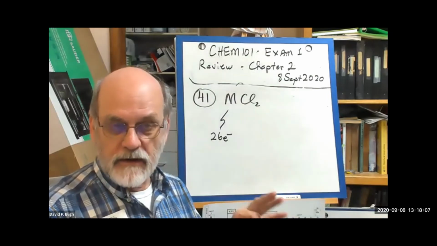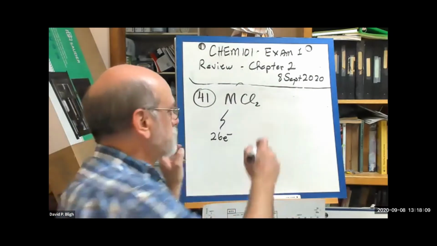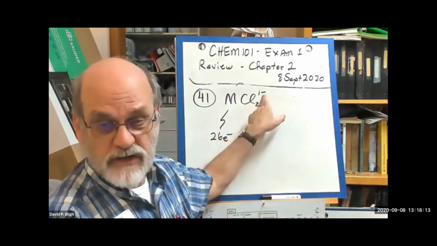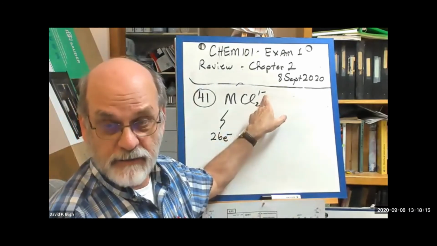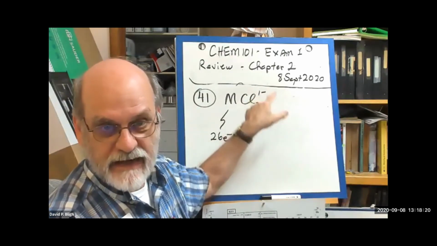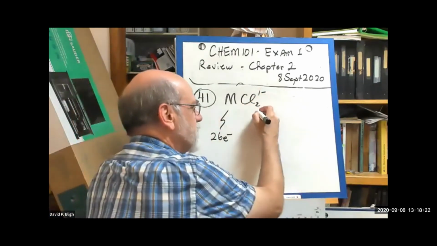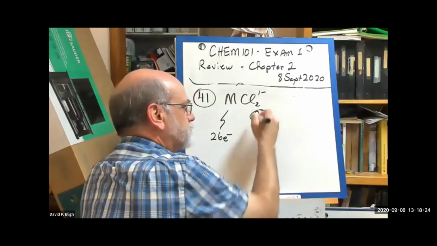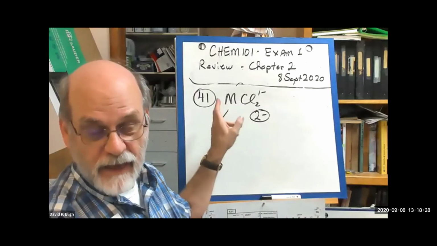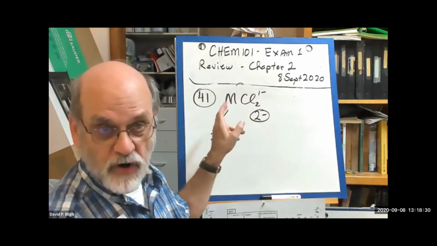It's always -1. Okay. So the charge on each one of those chloride ions is -1. You have 2 of them. So the total charge, the negative charge that has to be balanced, is 2. So how do you balance that with only one metal? That metal has to carry the 2+ charge.